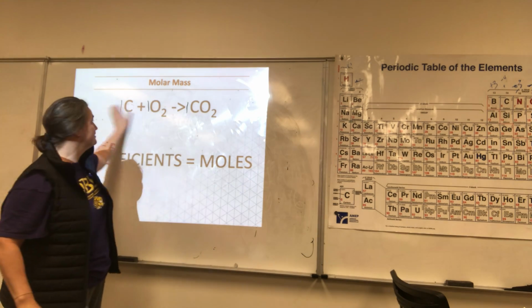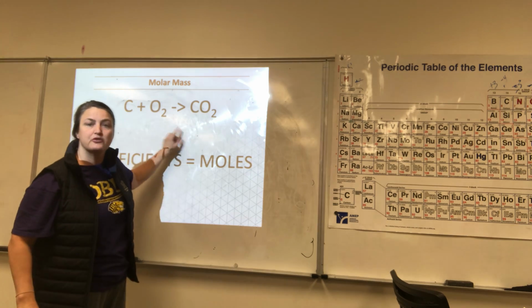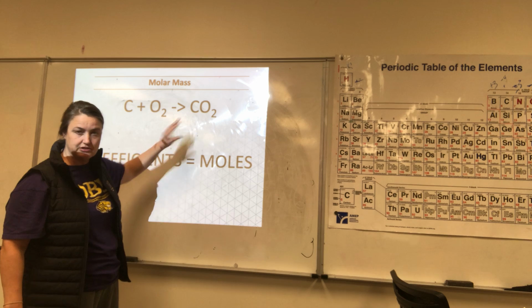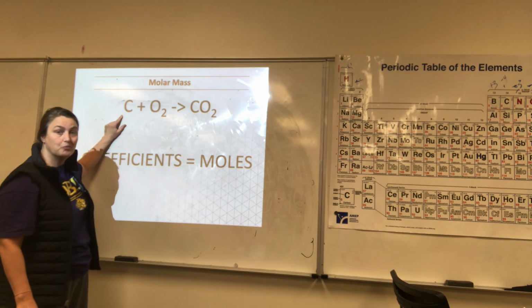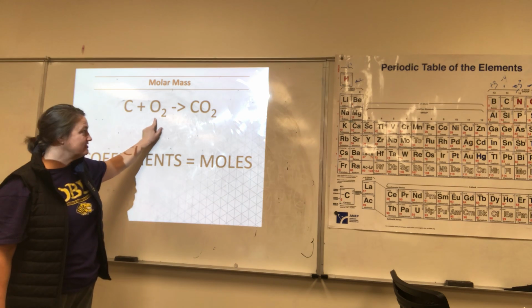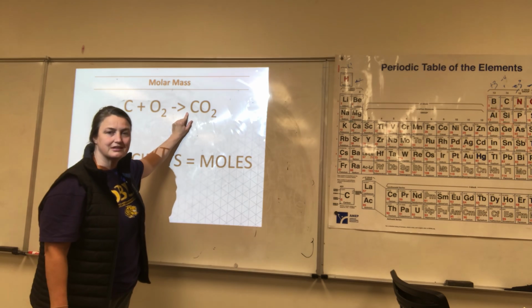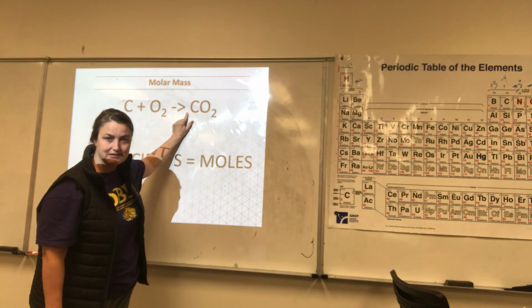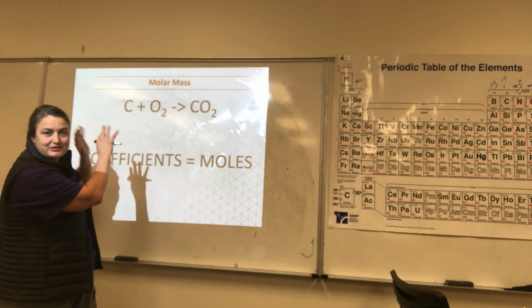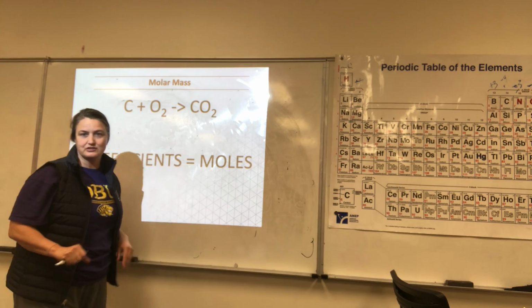But these tell us the number of moles that go into this equation to occur. In this case, it would be 1 mole of carbon plus 1 mole of oxygen would yield 1 mole of carbon dioxide. And that's how moles get into this whole chapter about equations.